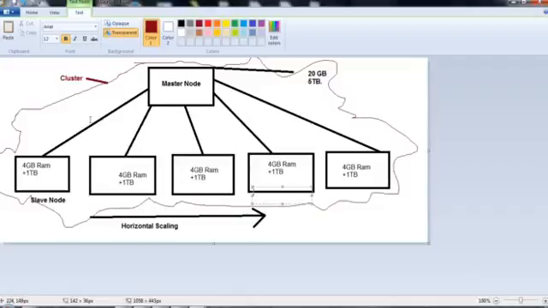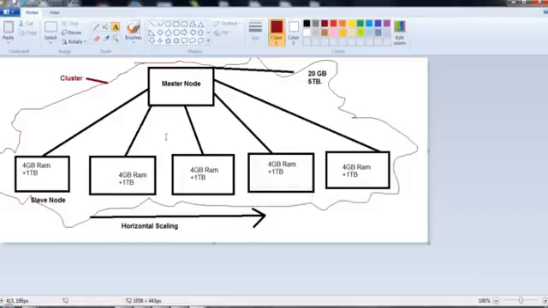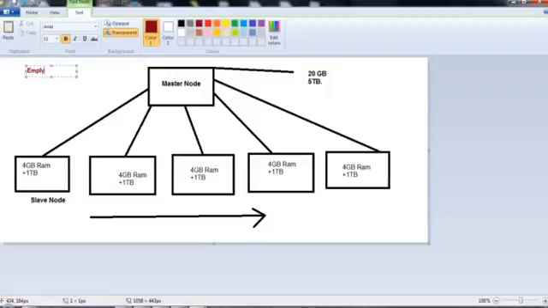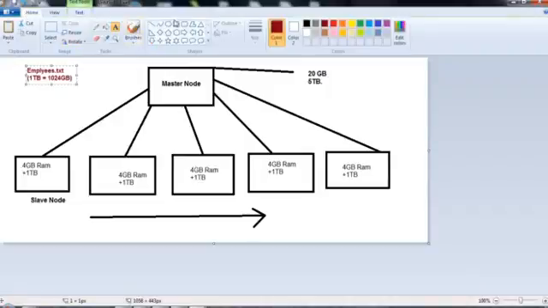Suppose you have a file called employees.txt, which is 1 TB, equivalent to 1024 GB, and you want to store this file into your cluster.